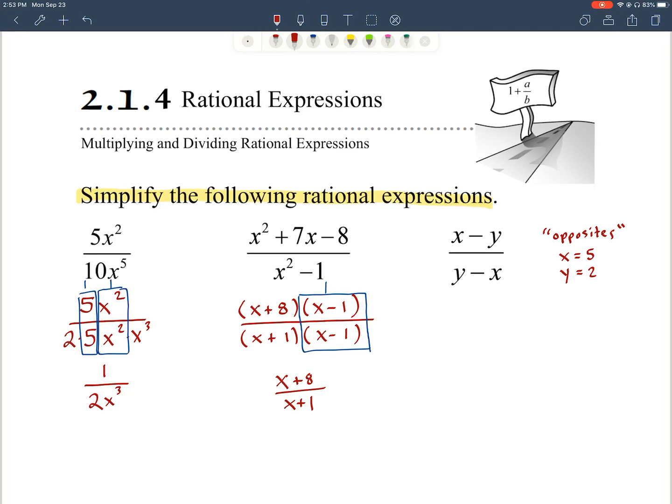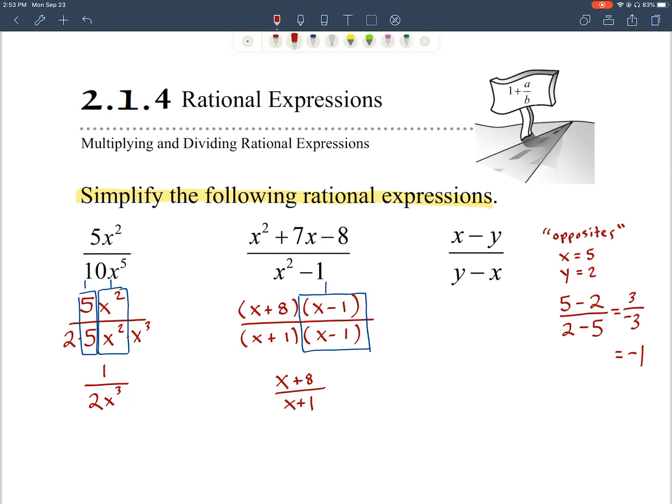If we substitute in our 5 for our x and our 2 for our y, we'd have 5 minus 2 over 2 minus 5. When we do the math there, we'll end up with 3 over negative 3, which, looking at it as 3 divided by its opposite, we're going to get negative 1.